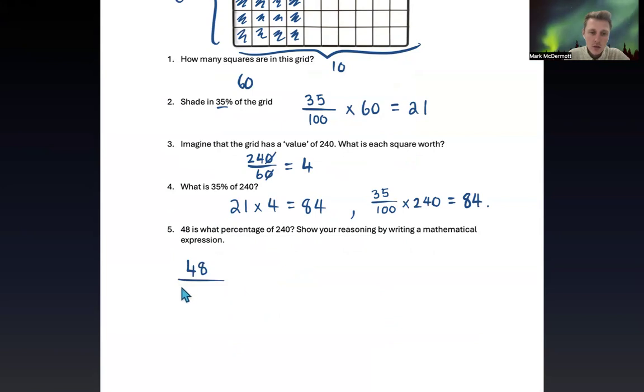That larger whole is 240. Then to convert it to a percentage, we're going to multiply by 100. So if you put that in your calculator, 48 divided by 240 multiplied by 100 is 20%.